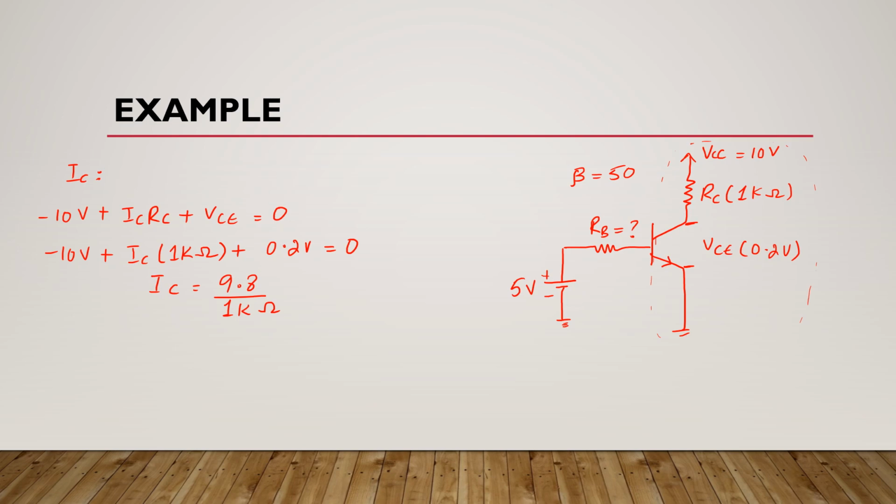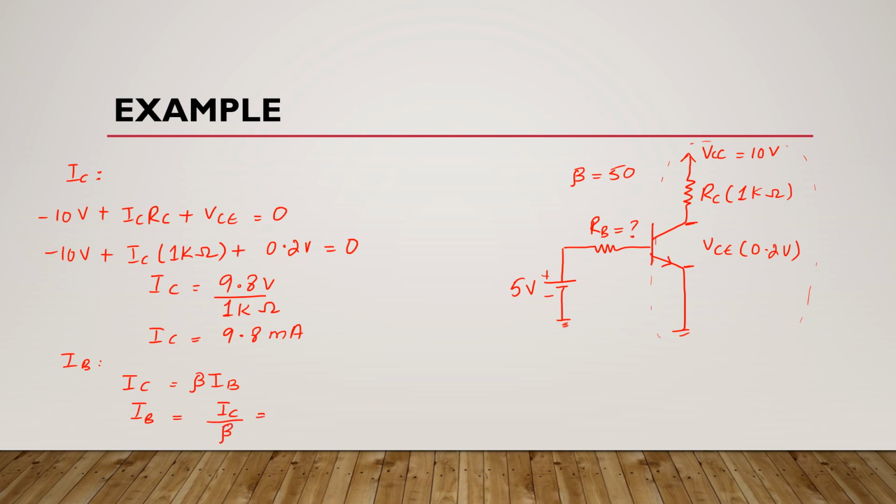It means collector current is equal to 9.8 milliamperes. Okay, now what about base current? We know that collector current is equal to beta multiplied by base current. It means base current is equal to collector current divided by beta.